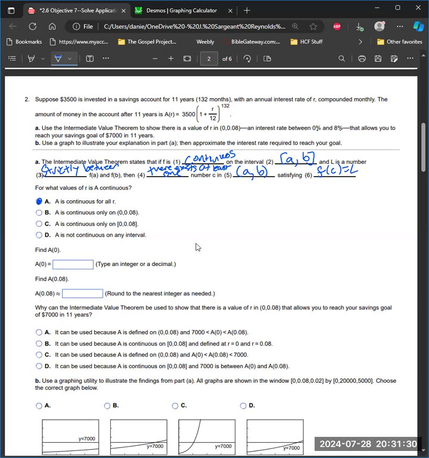A of 0 is going to be 3,500 because if you don't earn any interest, you just keep your principal.